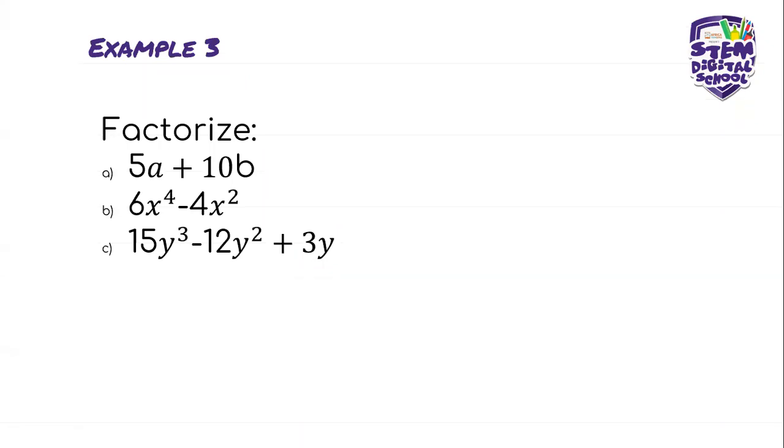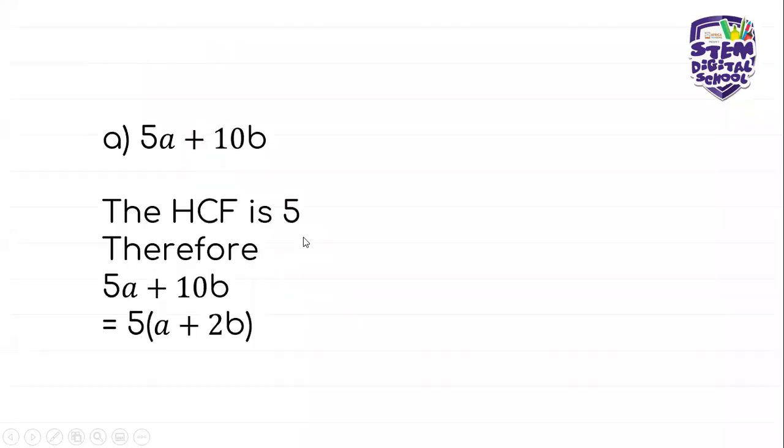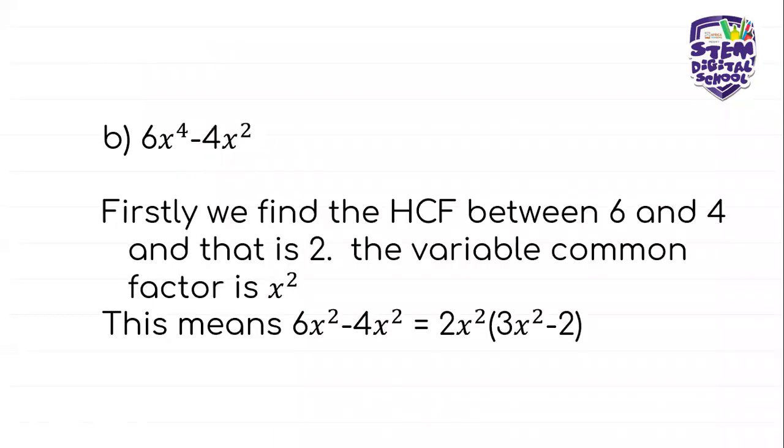So if x squared is the common factor, then together with 2, you can take out 2x squared as a common factor. And in this case, you will be left with 3x squared in this instance. But once you take out 2x squared here, you'll just be left with 2. So the answer that you'll get will be as follows.